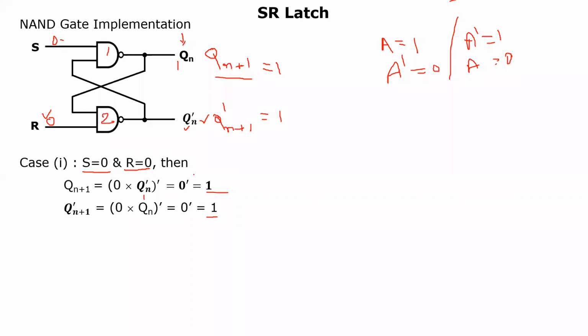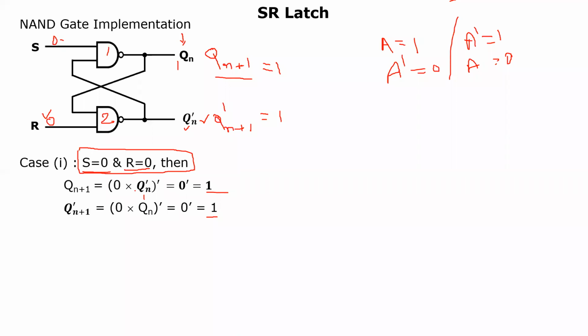It could not be taken into consideration. You must take care while designing any kind of circuit using NAND gates, something like latches. S and R values must not both be equal to 0. Either S will be 0 or R will be 0, that case is okay.